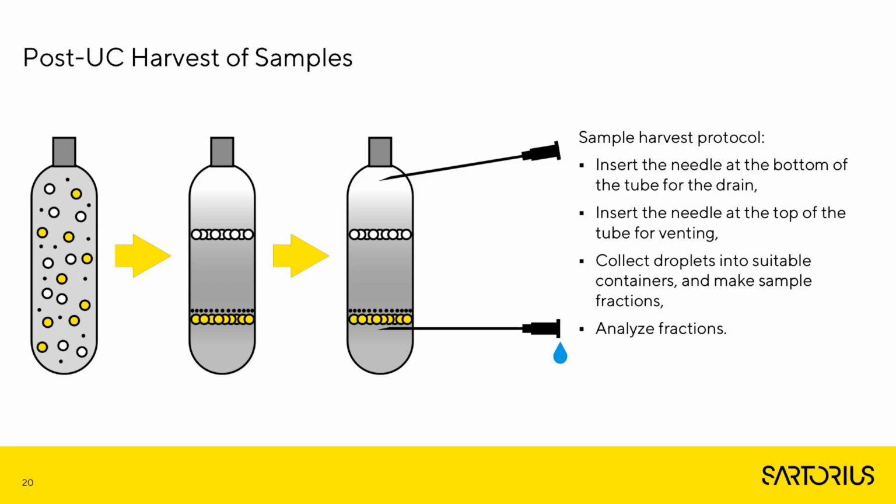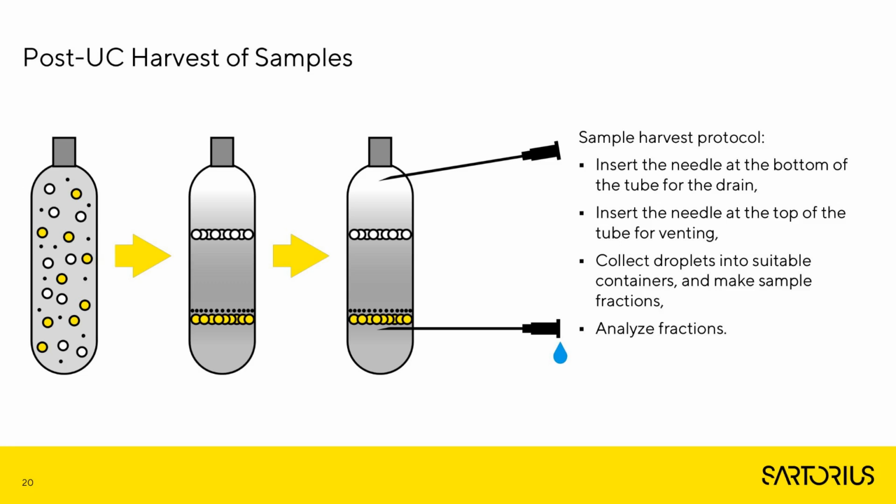Then we insert another needle at the top for venting. When we insert the top needle, the liquid starts to drop out at the bottom needle, and we then collect these droplets into suitable containers and make fractions, and after that these fractions are analyzed.